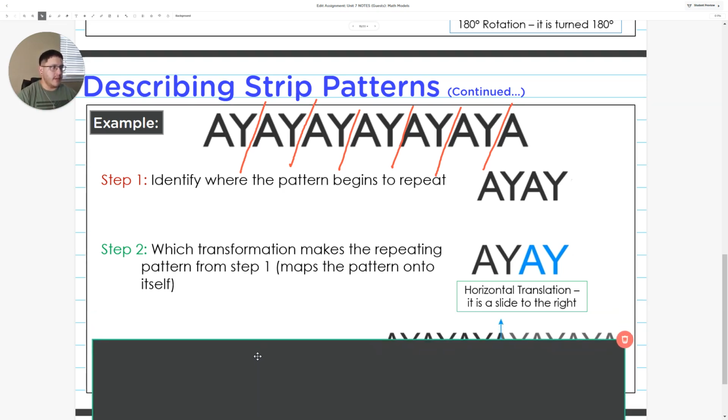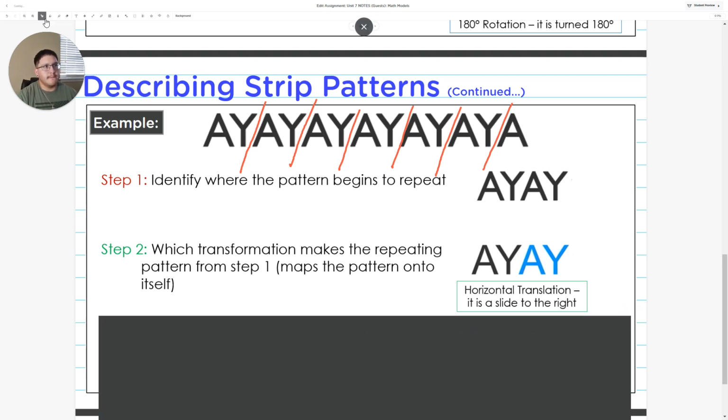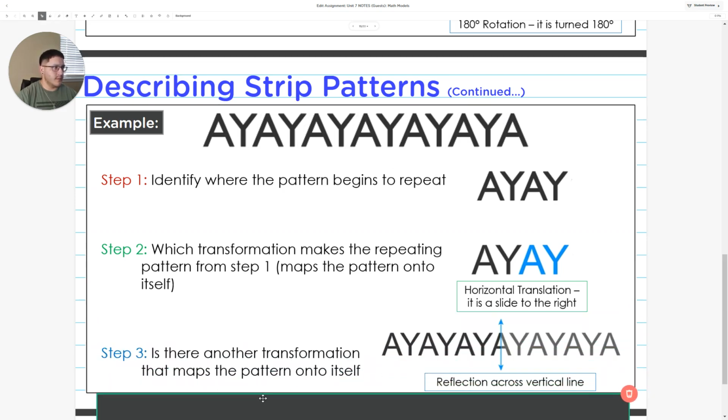Possibly, yes. We see a reflection. So we can see a reflection across a vertical line to create the strip pattern.